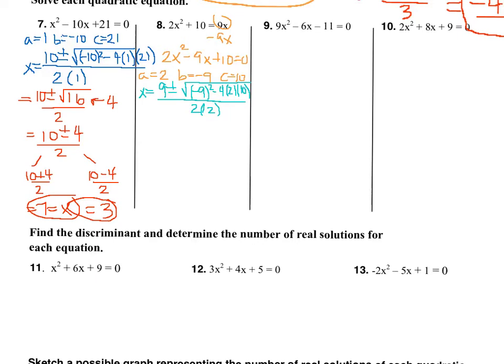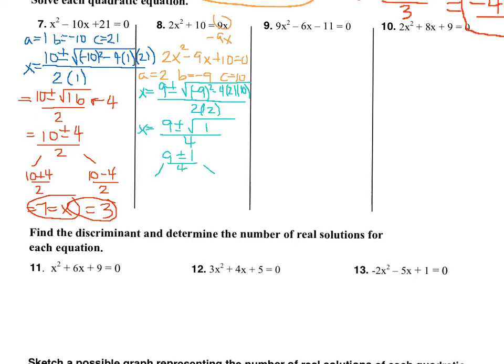So I get x equals 9 plus or minus the square root of 1 over 2 times 2 is 4. Well, I know that the square root of 1 is really just the number 1, so I get 9 plus or minus 1 over 4.